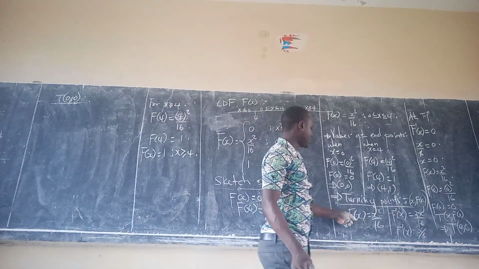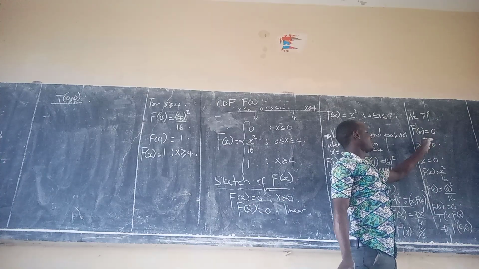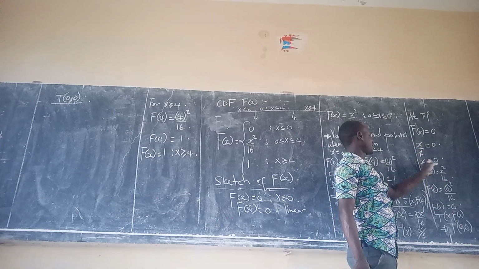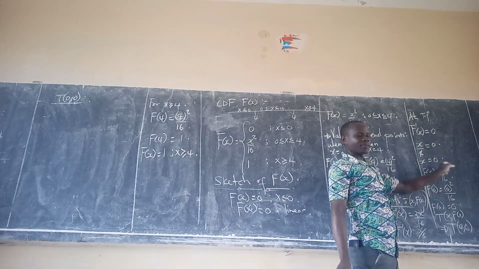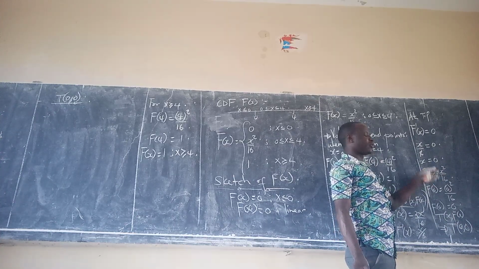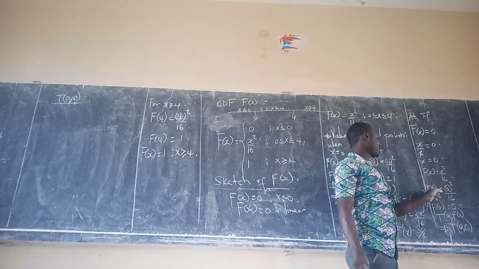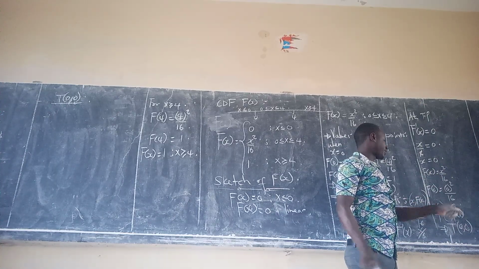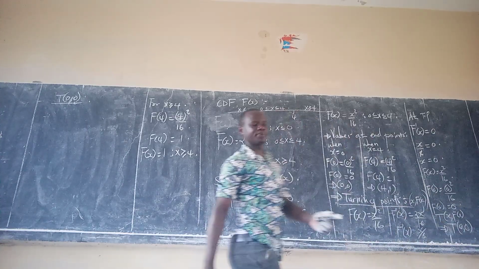You first differentiate the nonlinear function once, equate the derivative to 0 to get the x coordinate. After getting the x coordinate, substitute in the original function to get the y coordinate, which is the capital F of the x coordinate. It was 0. Then finally, you write your turning point.